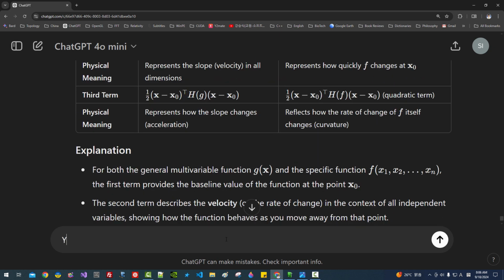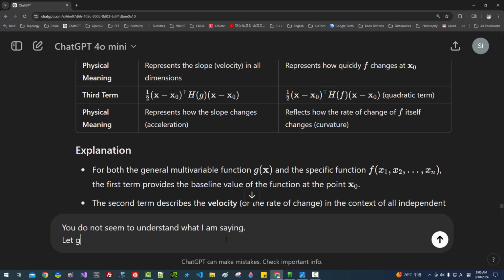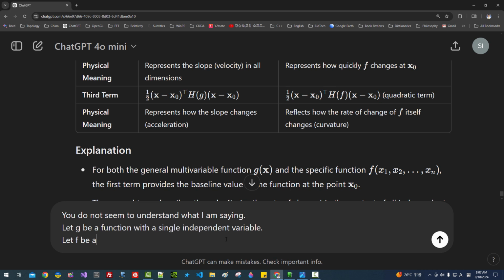You do not seem to understand what I am saying. Let G be a function with a single independent variable. Let F be a function with n independent variables.